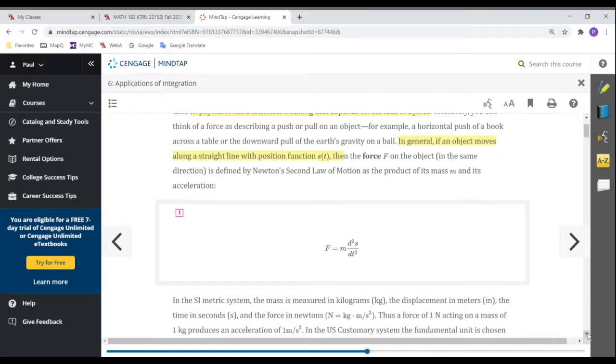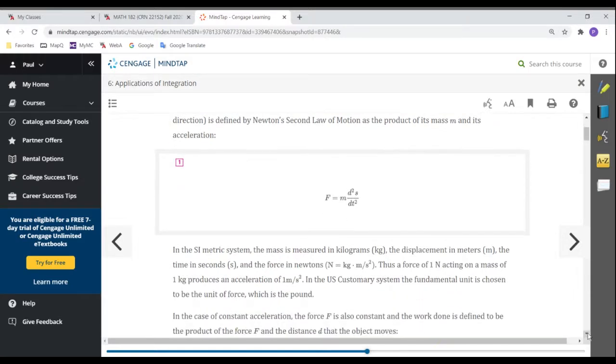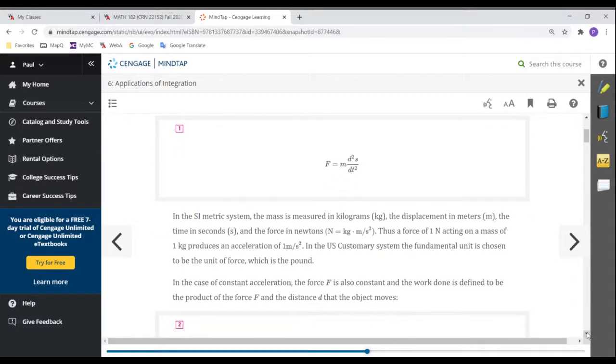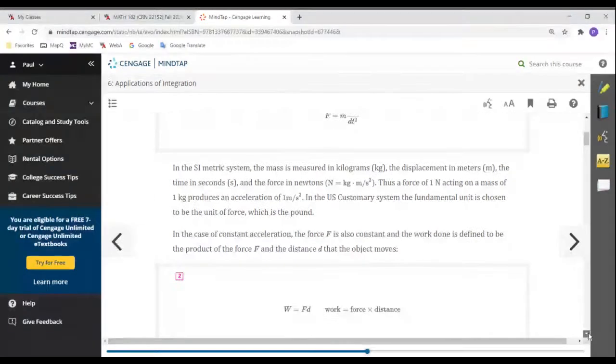There are two units of force that we work with. One is force in newtons, but another unit of force is pounds. So weight, that's pounds, and that's a unit of force.